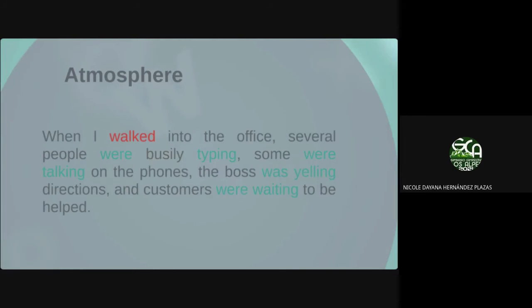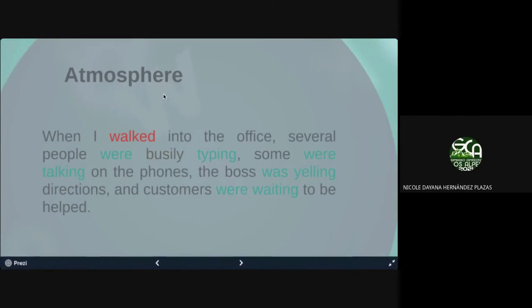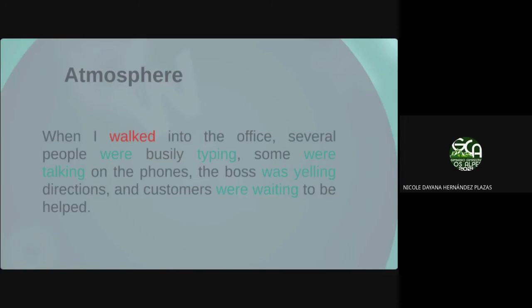Estaba tratando de dar esa idea de, bueno, imagínese esto, el sol estaba brillando, los pajaritos cantaban, los animales estaban felices. Todo este contexto, cuando lo hablamos, lo vamos a dar en pasado continuo. Can you see? Was or were plus the verb with ing. Atmospheres. Context of the stories. That goes with past continuous.